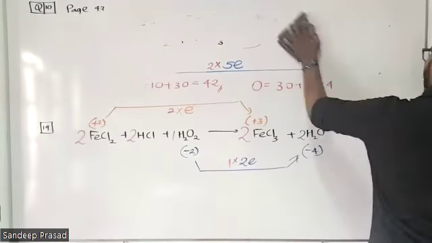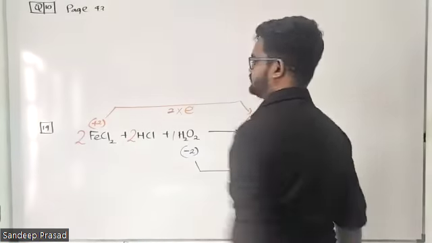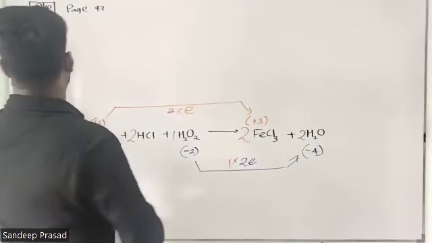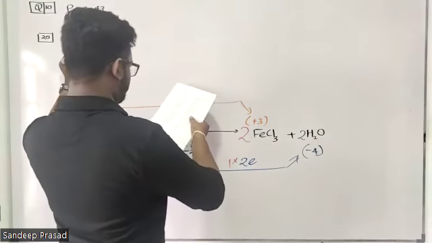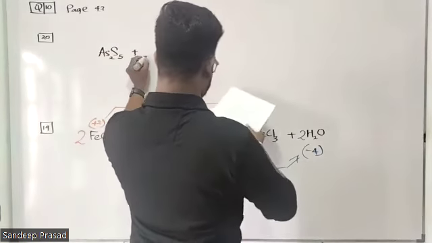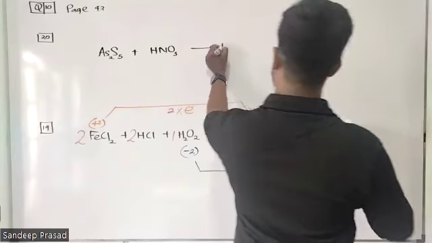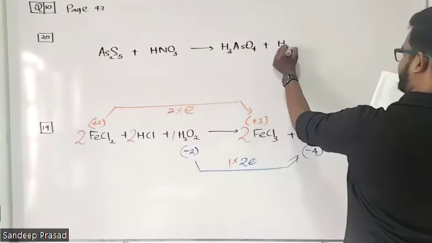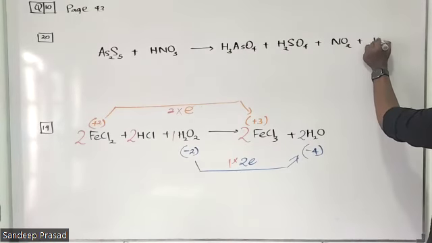20th one. As2S5 reacting with HNO3 to produce arsenic acid H3AsO4, sulfuric acid H2SO4, nitrogen dioxide plus water.